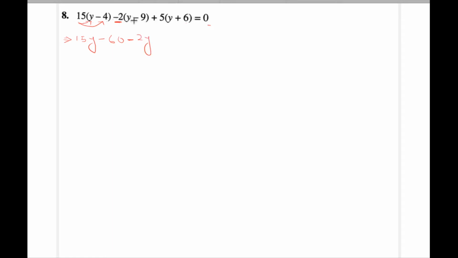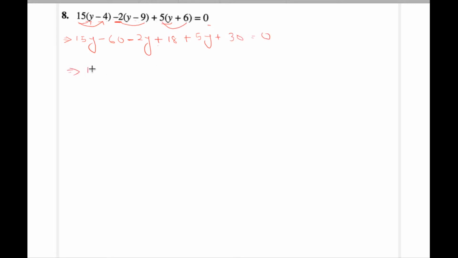Minus plus. When we get 2 minus, it will become plus. Minus plus. Okay, plus symbol we have got. 2 multiplied by 9 is 18. Now plus symbol, so no issue. 5y plus 5 6 is 30 equals to 0.